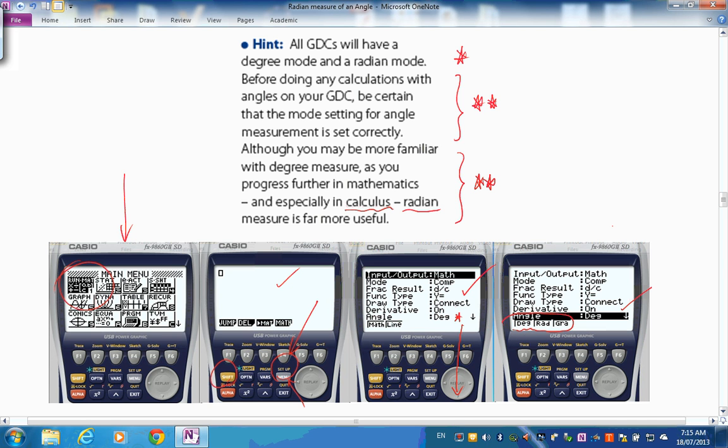Degrees you know about. You now know about rads, so you want radians, so you'll hit F2. Gradians is used in engineering, so you probably won't use that in this course. So we'll set it by hitting F2, and this line will then change to radians, and then you exit that or hit execute and you come back to run mode. So check that your calculator is in that radian setting for things like trig functions or any work with angles.